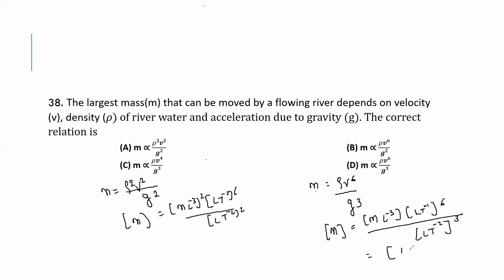So if you simplify, after simplification you are getting only M. That is, option D is the correct option here. Option D is the correct option, right?